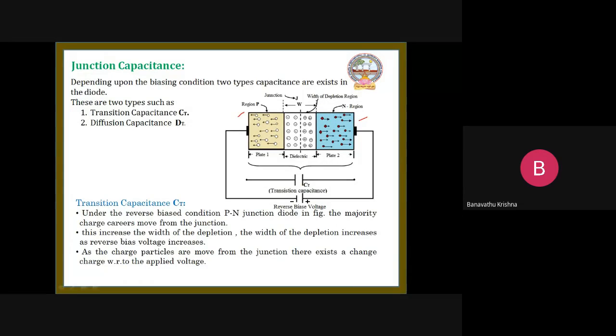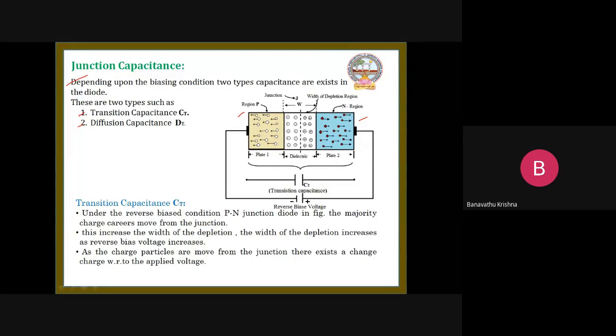Depending upon the biasing conditions, two types of capacitance exist in this diode: the first one is transition capacitance and the second one is diffusion capacitance.